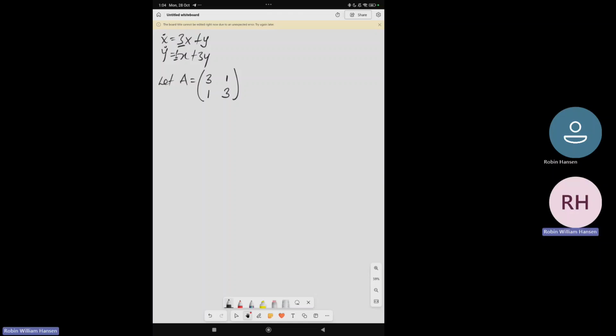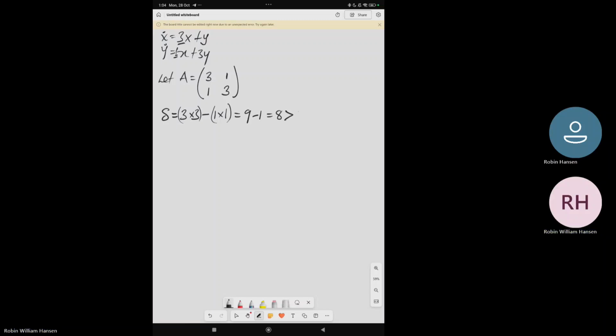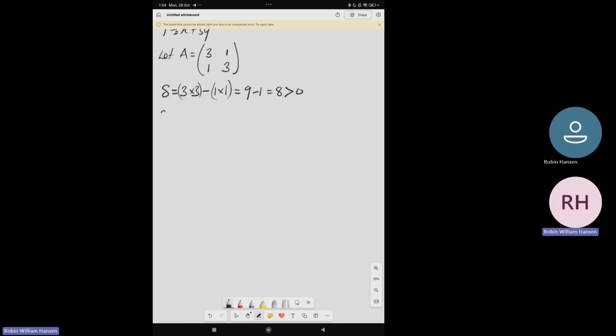Now, we are supposed to find our eigenvalues and eigenvectors. So we're going to find our delta. It is given by the determinant. We multiply 3 by 3 minus 1 by 1. This will give us 9 minus 1, which gives us 8, and 8 is greater than 0. For our trace, we add the elements on the diagonal.